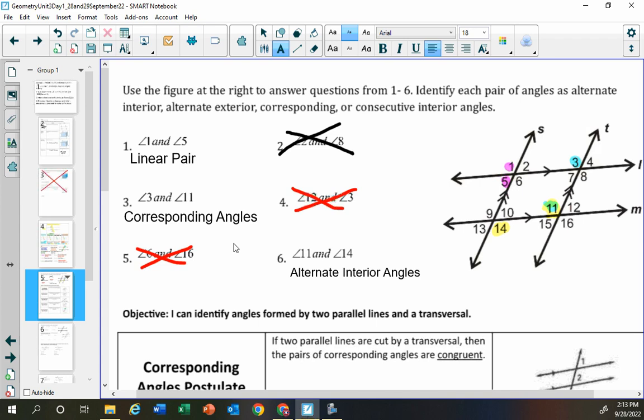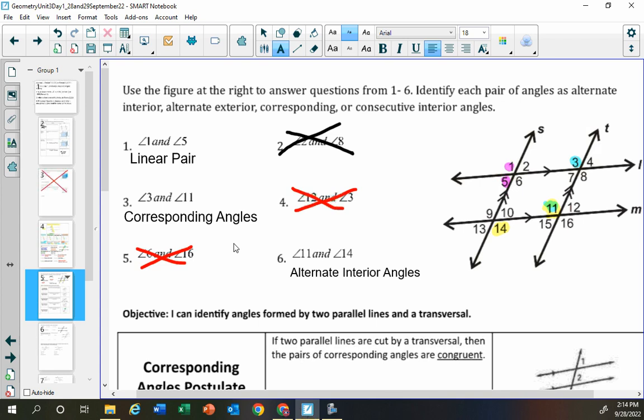Now, what we're going to do next is going to be really important. You see on the bottom part, you have 5 scenarios when we're dealing with angles. This only works if the lines are parallel.